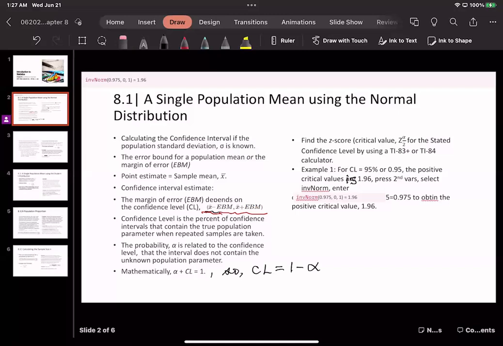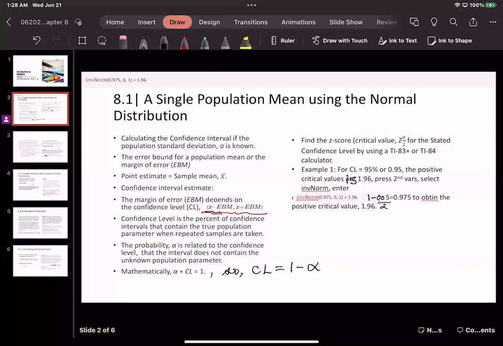The area to the left should be 1 minus 0.05 divided by 2.